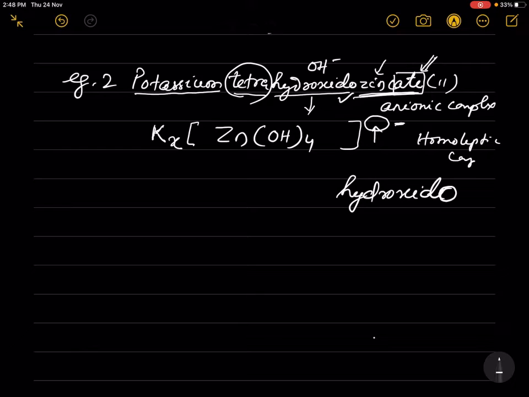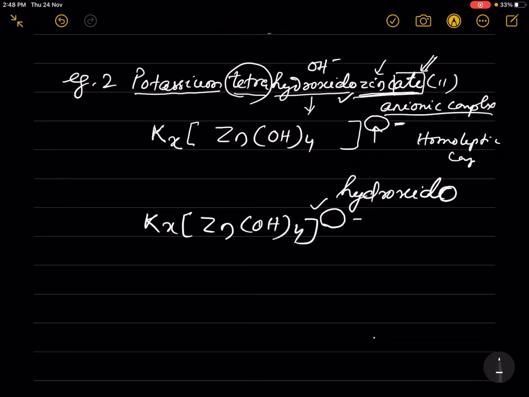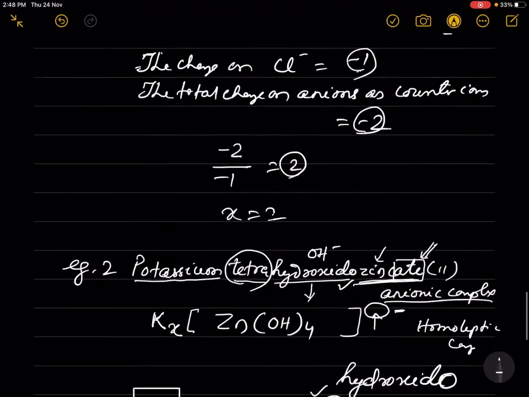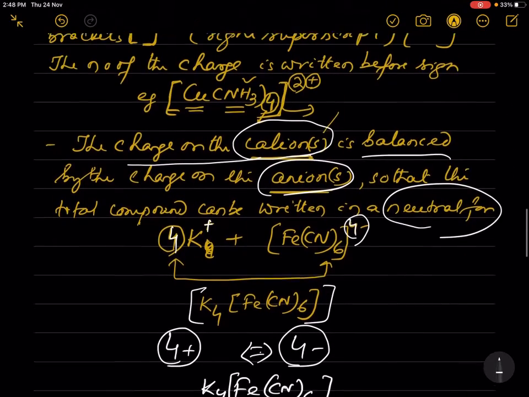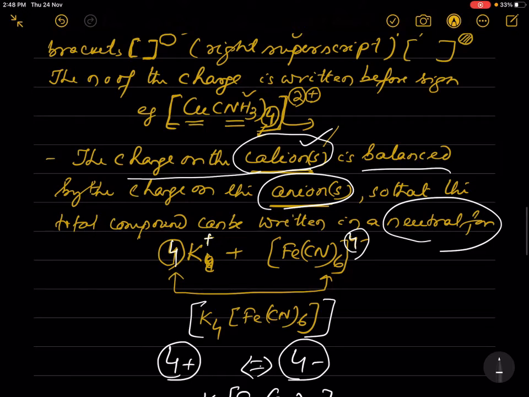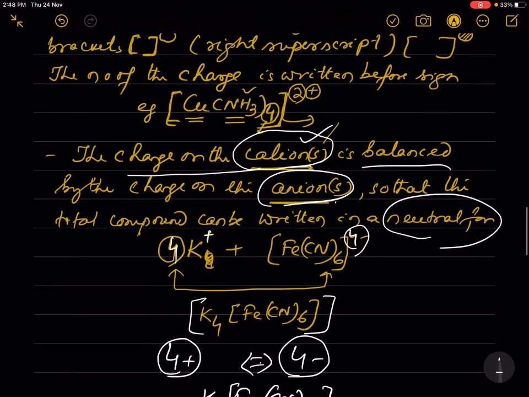You see it is K X, square bracket, Zn OH 4, and I have to write the number before the negative sign. As it is an anionic complex, the charge on the complex must be equal to the charge on the cations. We have to balance the charge: the charge on the cations is balanced by the charge on the anions.